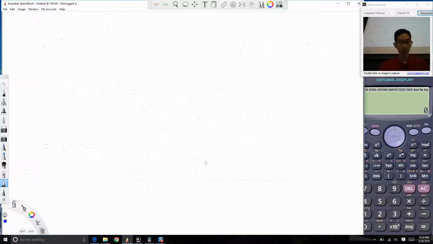We can also summarize our data tables, so we have summary tables, which basically provide a summary of our data table.